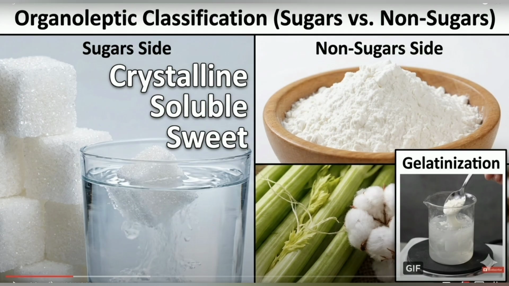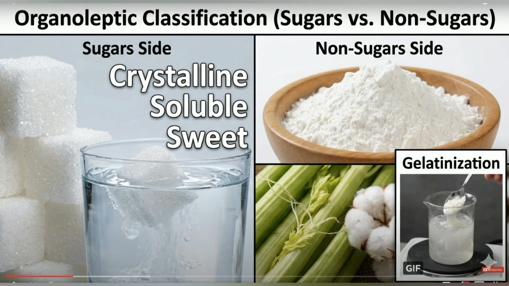Some substances swell to form thick gel-like substances in hot water by the process of gelatinization, as seen in starch, and they are also tasteless or have a bland taste. So organoleptic testing is a fantastic quick way to sort carbohydrates in the kitchen or a basic lab, but to truly understand them we have to look at the chemical structure, which we will be discussing in later videos.